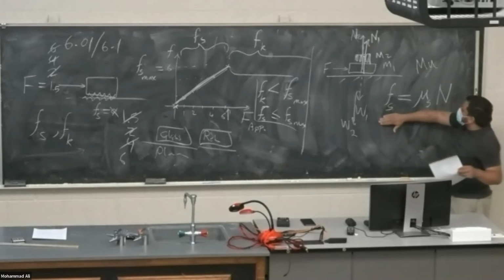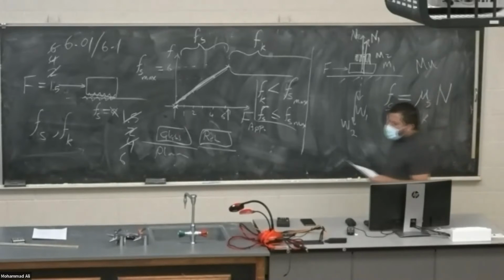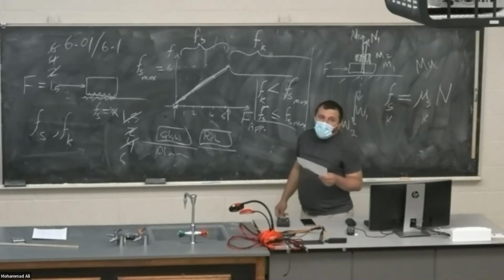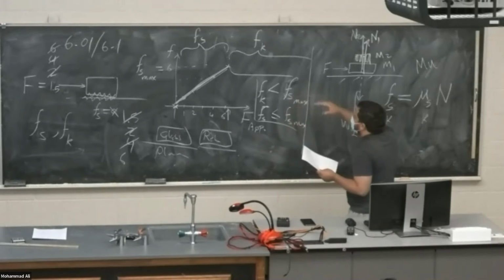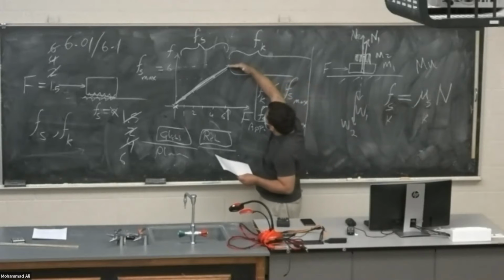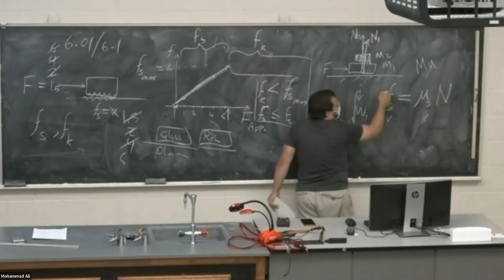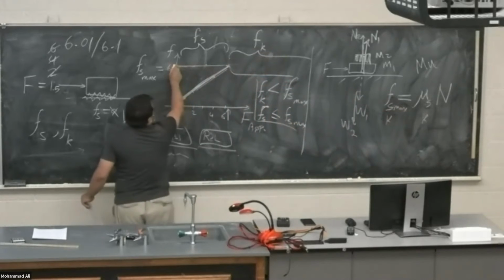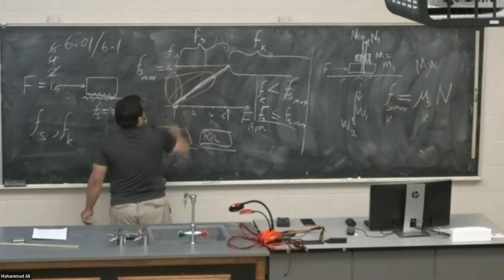So Fs is equal to mu s multiplied by the normal force, or Fk is equal to mu k multiplied by the normal force. Mu k is always smaller than mu s, as you see here. Mu s gives me Fs maximum, the maximum frictional force, not for all of the frictional force.